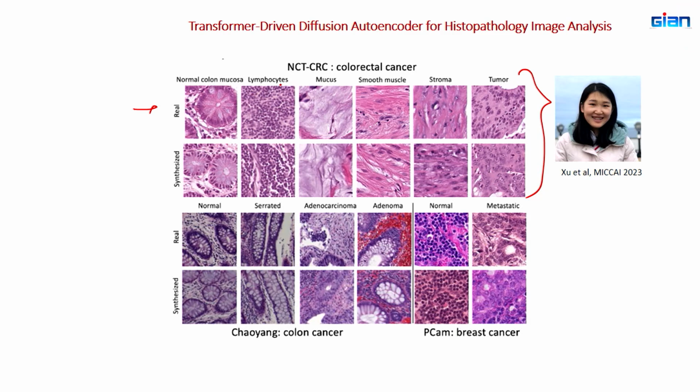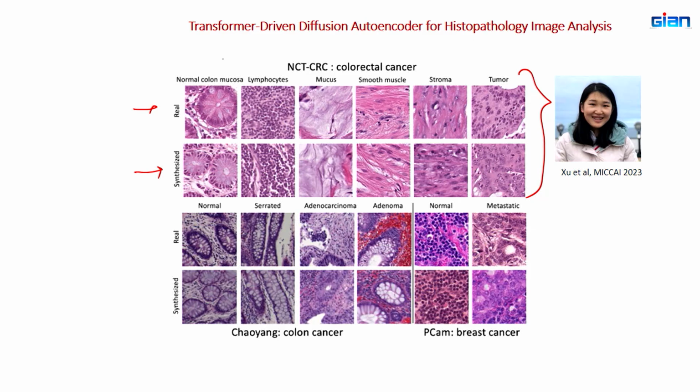These are not subtypes. Let's not call them subtypes, because when you say subtypes, it means that there's some molecular subtyping involved. It's just the different locations. So you have lymphocytes, mucus, smooth muscle, stroma, tumor, and in the second row, what we show here are synthesized examples.